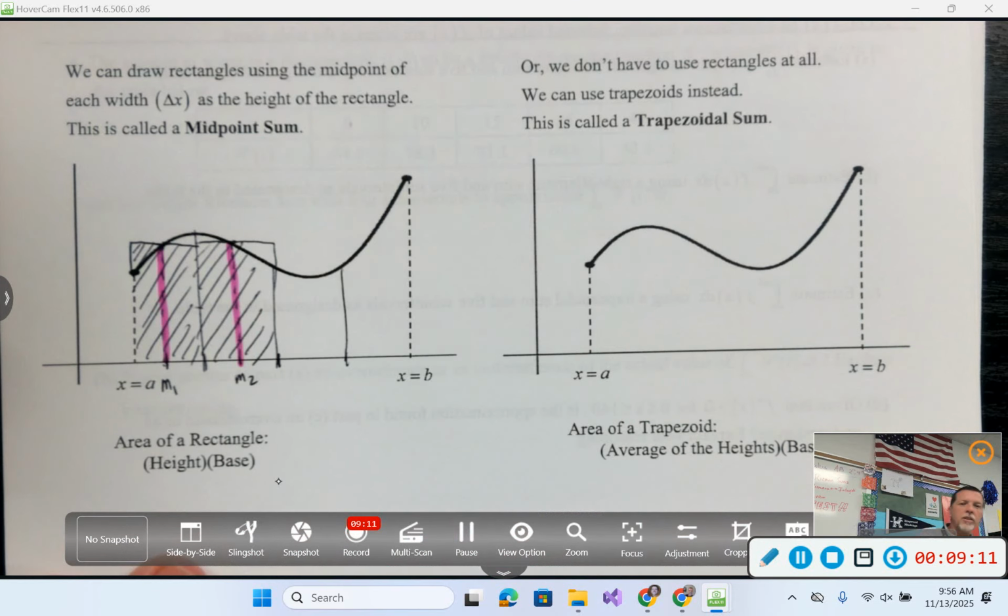Might even be a rectangle. And then the last trapezoid, to be a slight overestimate. So trapezoids in general work better than left, right, or midpoint.